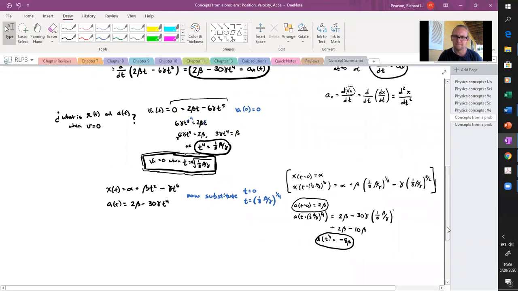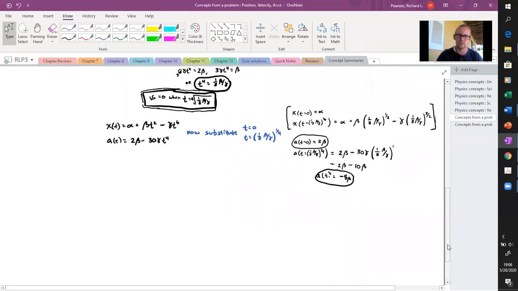All right, the last question here says, what is the average velocity? So this is our average velocity in the x direction from t equals 0 to t equals 2. So let's remember what our average velocity means.